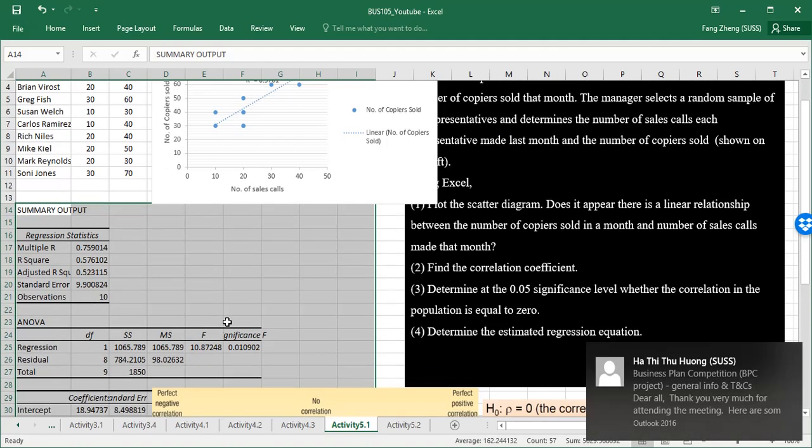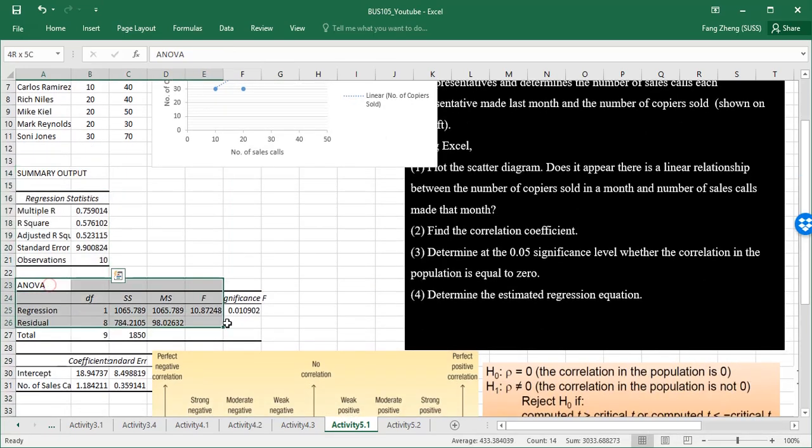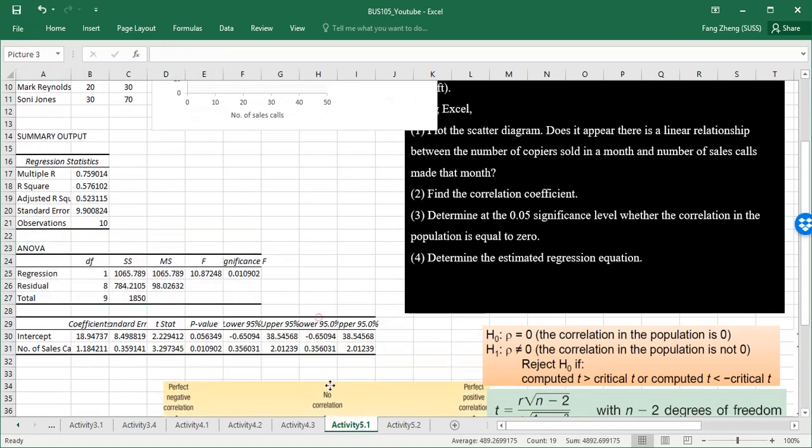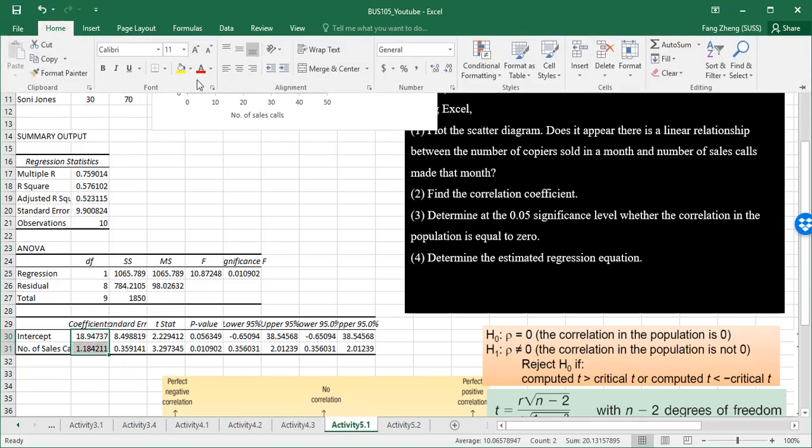From this regression output, we can see the summary output in the first panel, then the ANOVA result, and after that our regression results. In these regression results, the variable that matters most is the coefficient estimate.